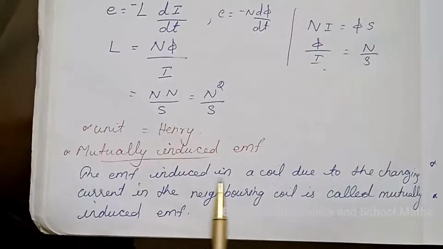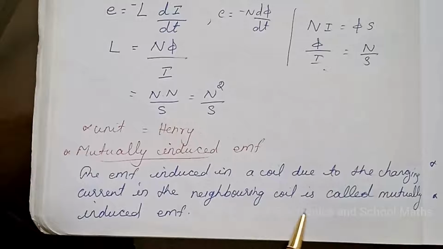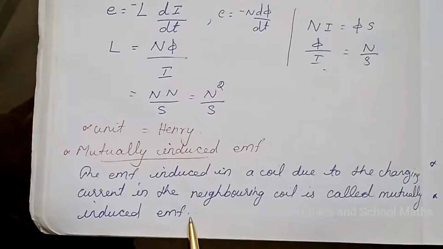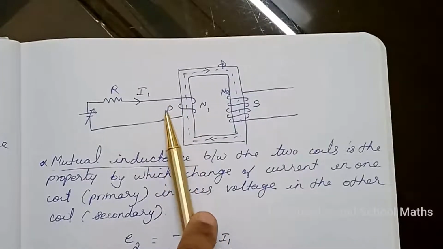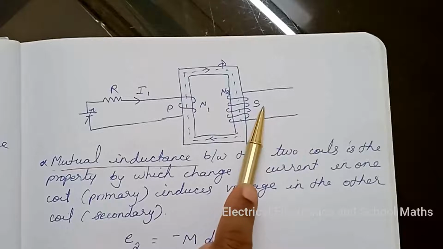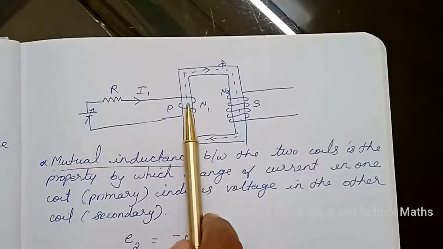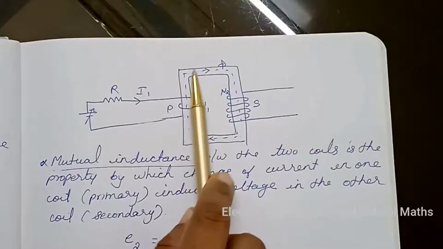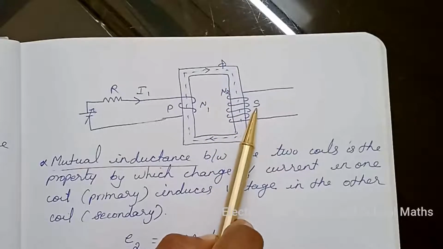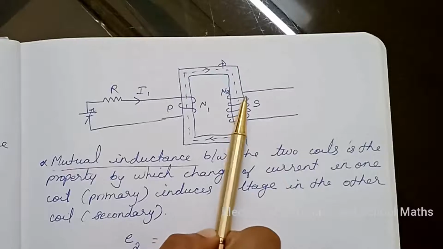Now let us go through the mutually induced EMF. The EMF induced in a coil due to the change in current in the neighboring coil is called mutually induced EMF. Consider two coils P and S close to each other. Then any change of current in coil P results in mutually induced EMF in coil S. Thus, the two coils are mutually coupled.